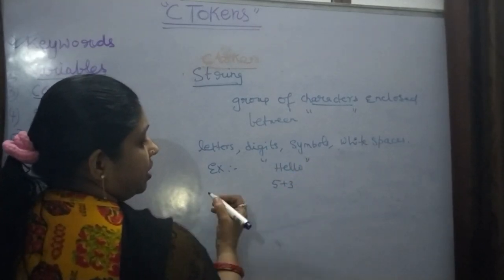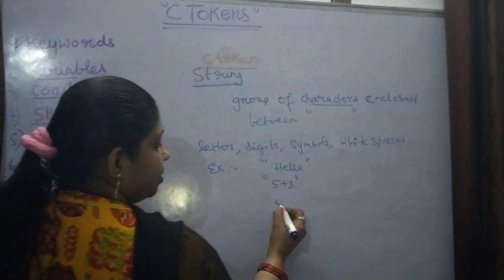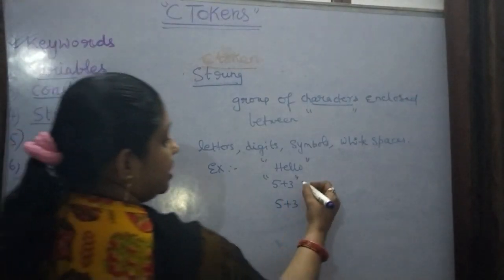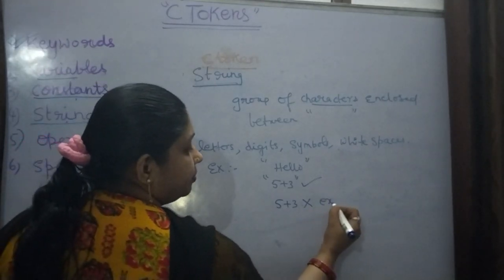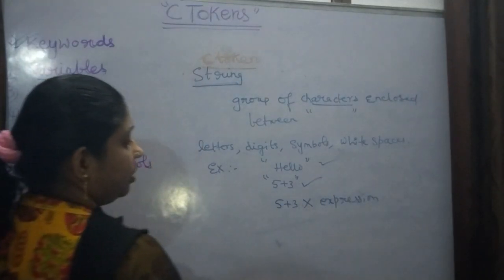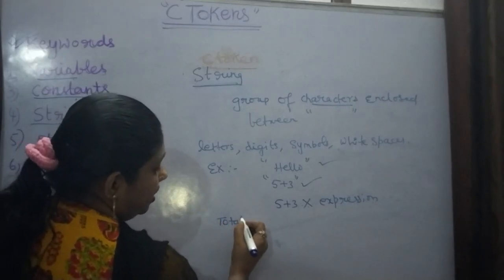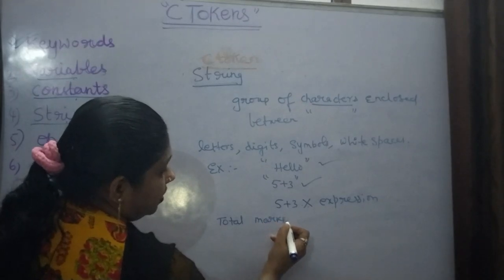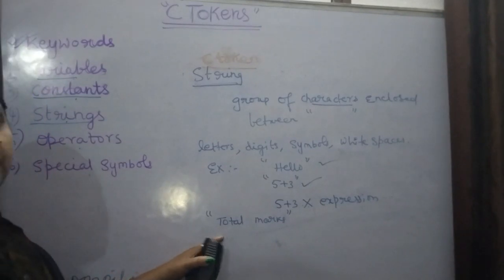Now 5 plus 3, in double quotes. If you write like this, it becomes a string. If you have written it without quotes, it is not a string. This is a string, this is not the string. This is an expression. And you can write like this, with white space and marks. This is also a string.